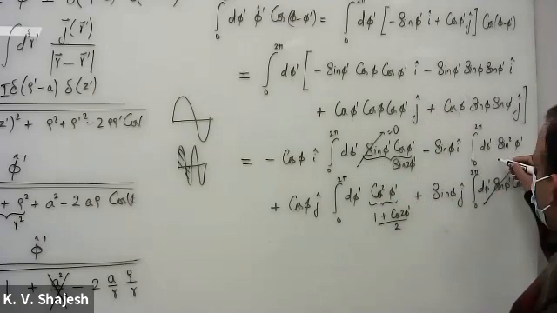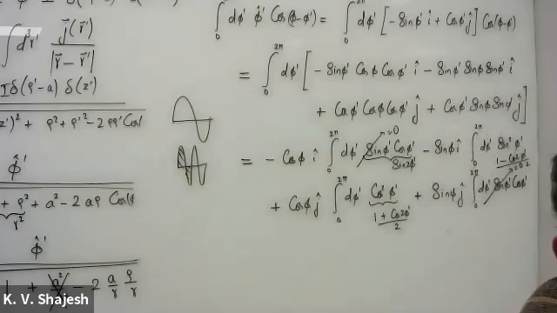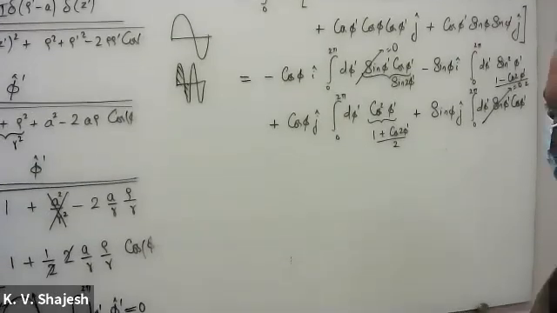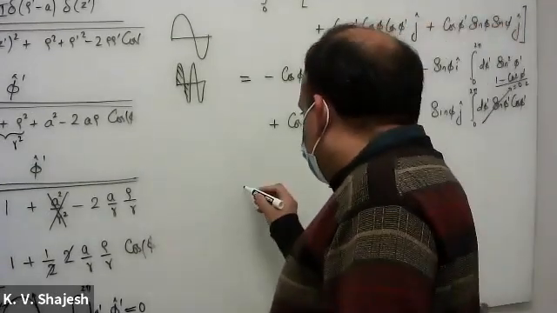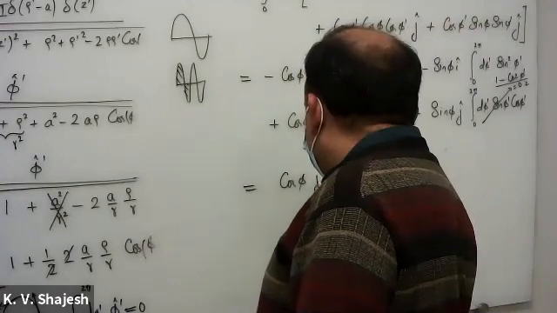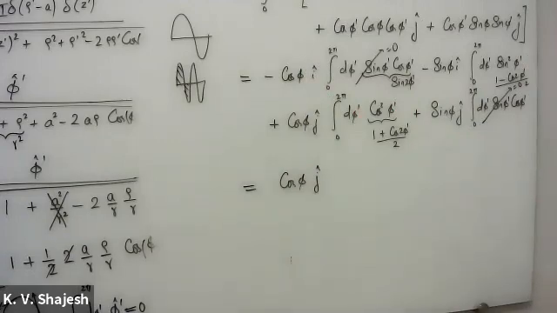And this one is 1 minus cosine 2 phi prime over 2. So the plus or minus term anyway goes to 0. So it's the factor of half that contributes. So the factor of half contributes as cosine of phi j hat. Oh, something is wrong here.